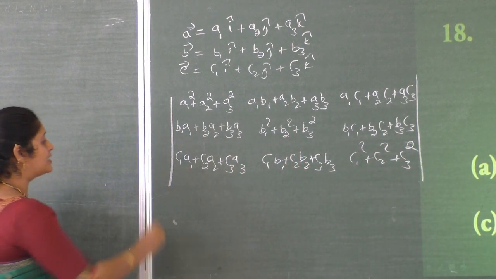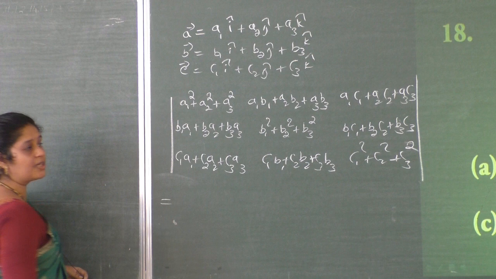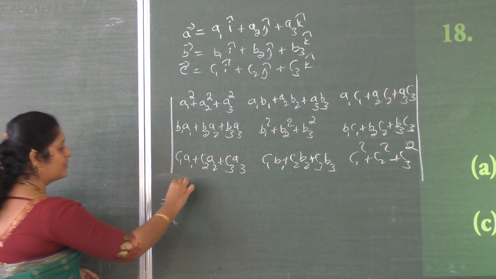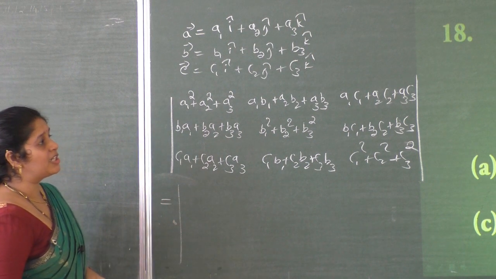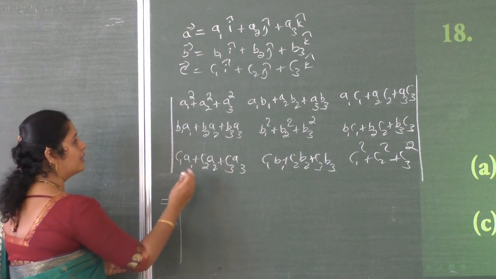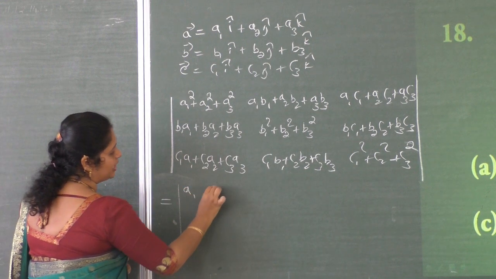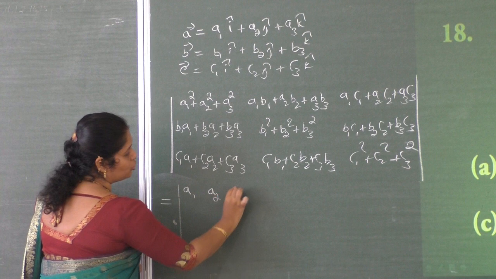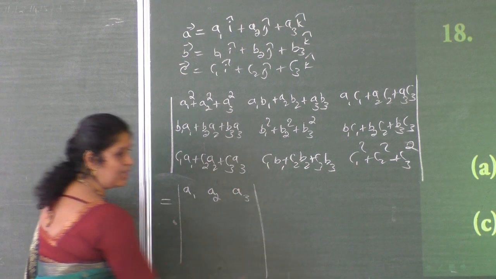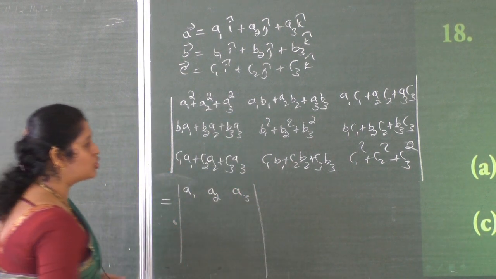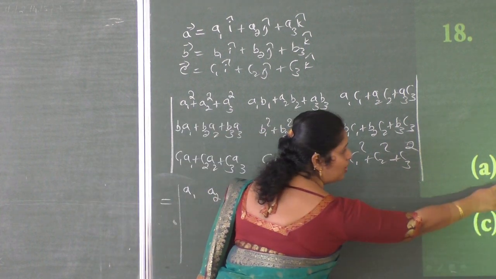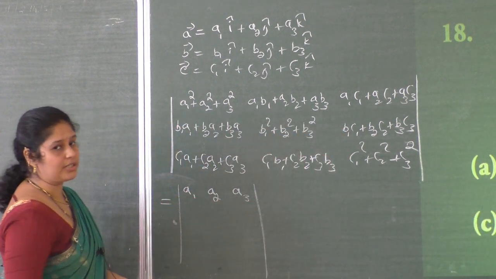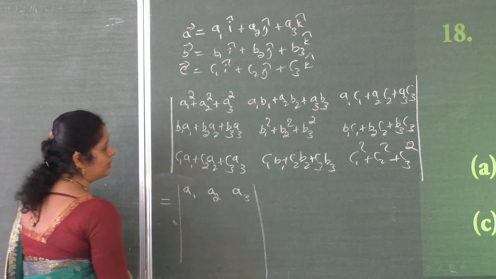Okay, now this determinant can be written as a product of two determinants. In the first row I am taking A1 A2 A3, because you can see in the options given, all are scalar triple products.